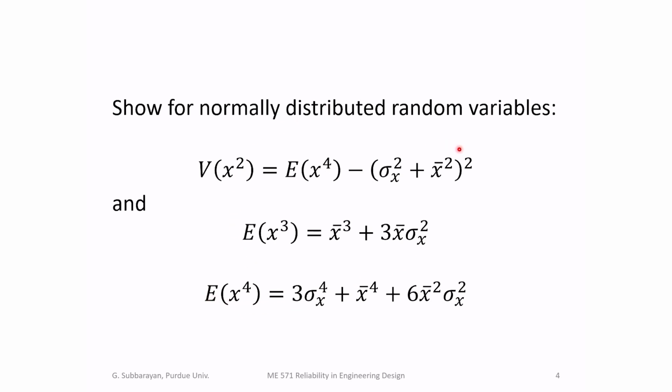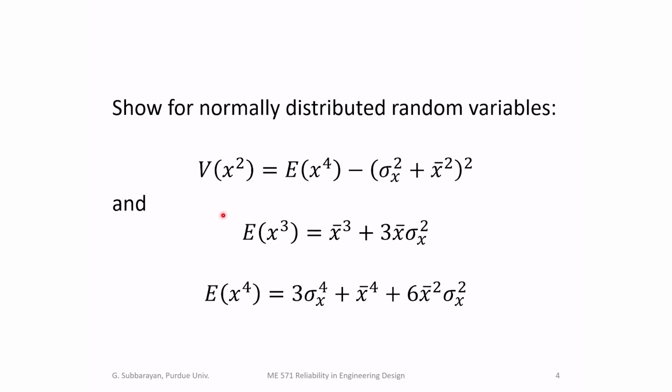All of these formulae are only valid for normally distributed random variables because they use the symmetry of the normal distribution. Normal distribution is convenient because of its symmetry. The other distributions we will study in this class, none of them are symmetric. So this formula is convenient for normal distribution.